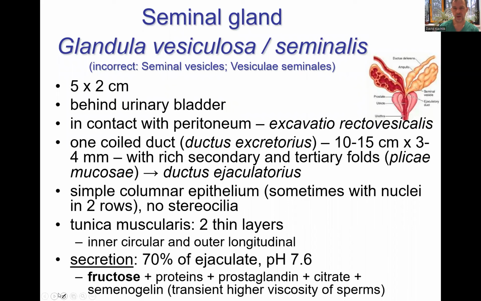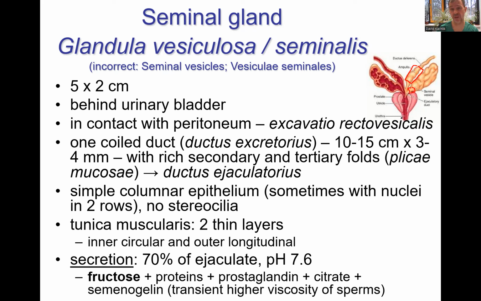And we continue to another gland. We talk about the ampulla, which is the terminal part of the deferent duct. And the ampulla then joins the excretory duct of this seminal vesicle gland. The vesicular gland should be preferred.